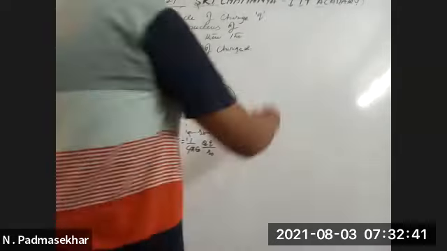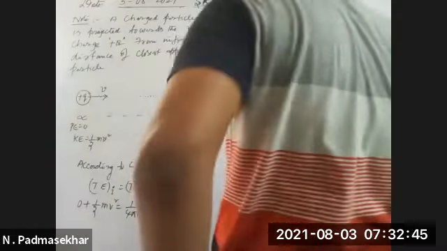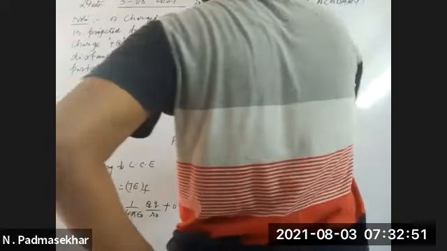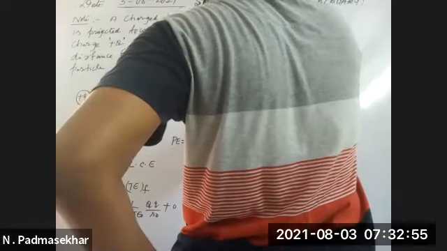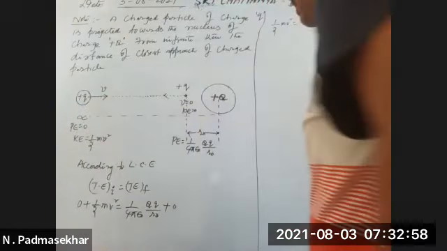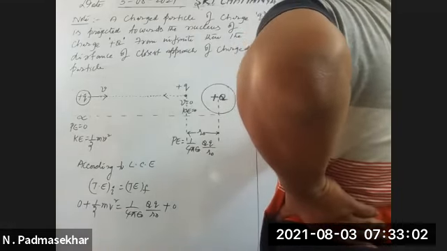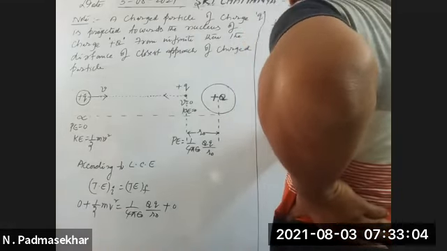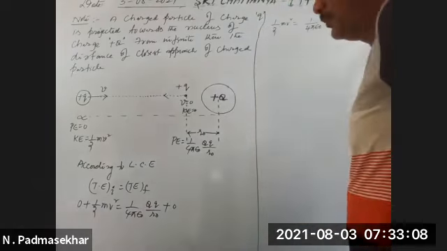So half m v square is equal to 1 by 4 pi epsilon naught Q into Q by R naught.